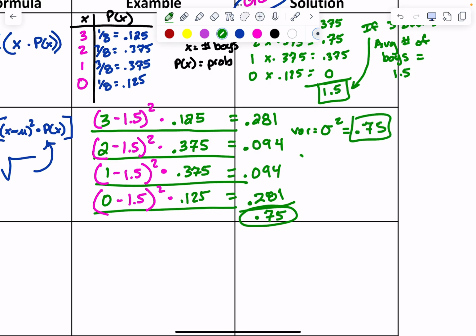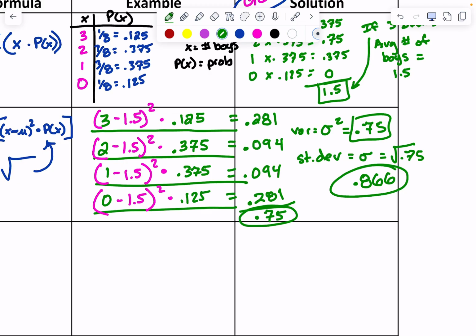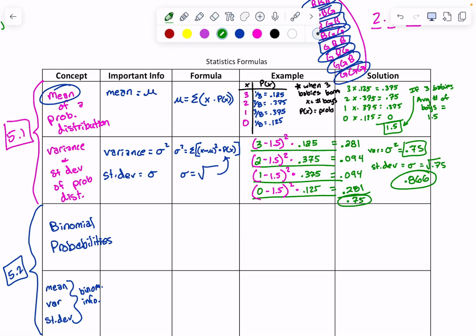Okay, standard deviation is this guy, which is the square root of 0.75, which is what? 0.866. That's the standard deviation. Beautiful. Okay, good?